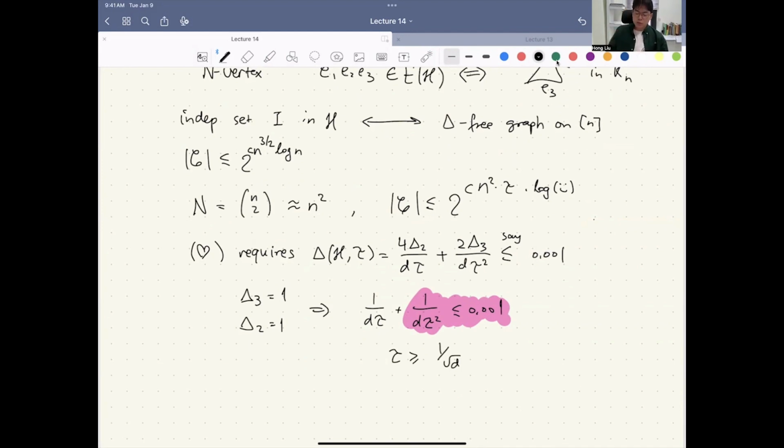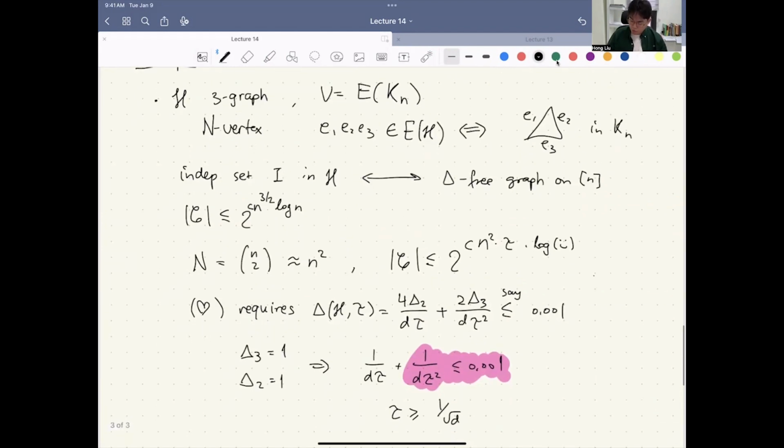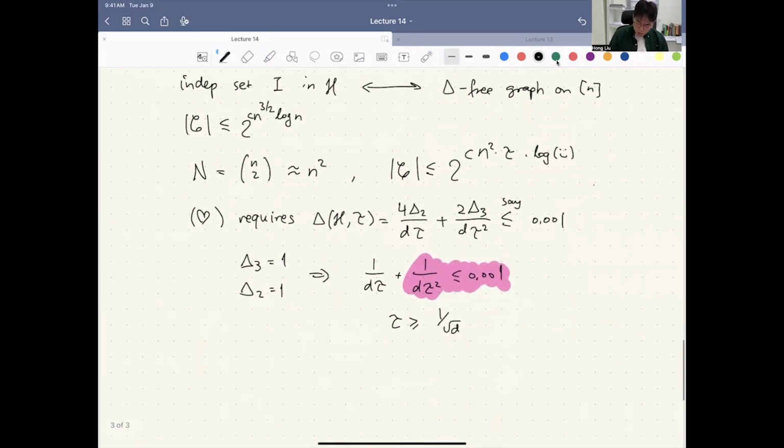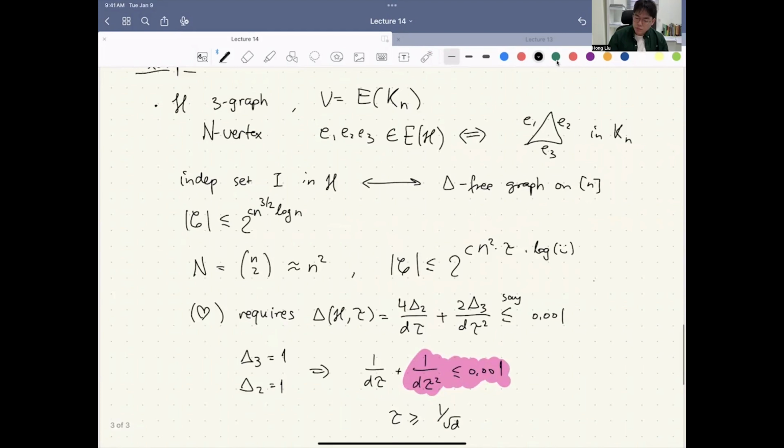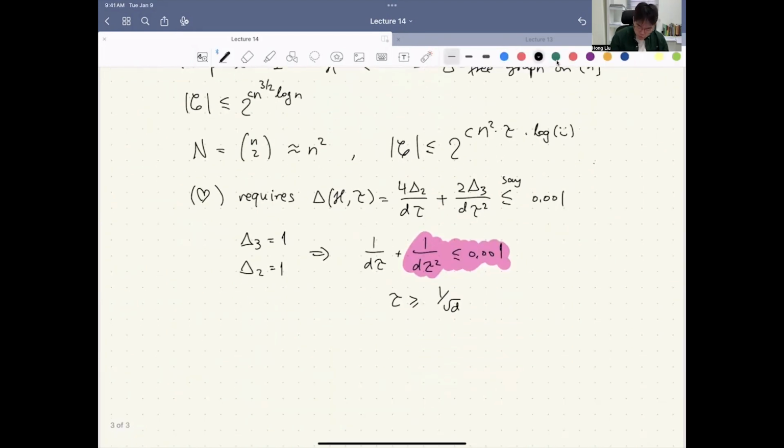But what is d, the average degree of this hypergraph? Average degree for a vertex. What's a vertex? A vertex is an edge in Kn. For any vertex E in V of H, here's E, which is in Kn.